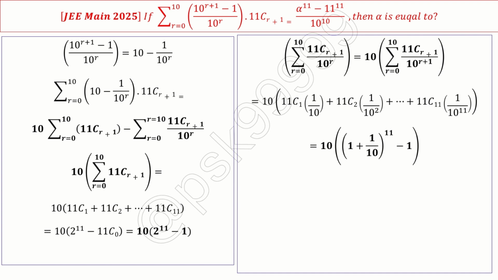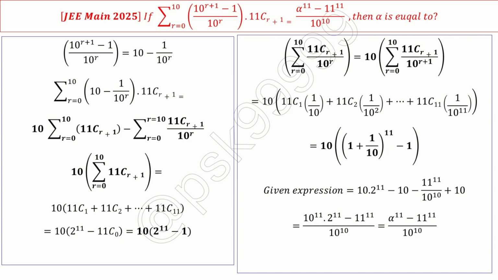So 11C0 I am missing. I added 11C0 and subtracted 11C0. So it will become 10 times ((1 + 1/10)^11 − 1), which means the given expression is simplified to (10^11 × 2^11 − 11^11) divided by 10^10.